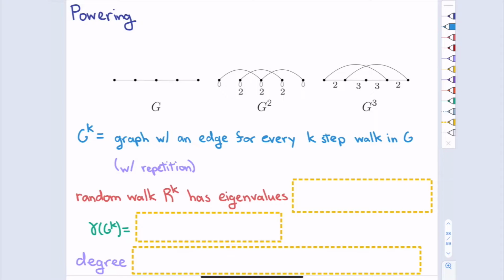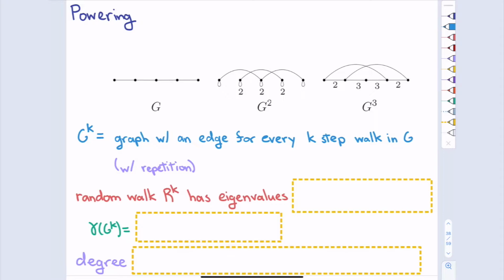So if you're looking at a random walk on G to the k, which is k steps at a time, 1 step on G to the k corresponds to how many steps on G? K. So R to the k, literally the original R raised to the kth power, gives you the random walk matrix for this G to the k graph.